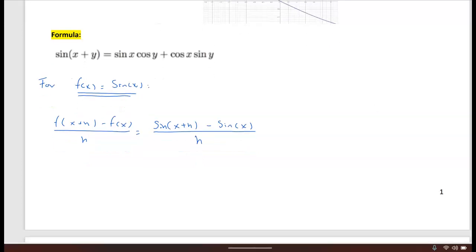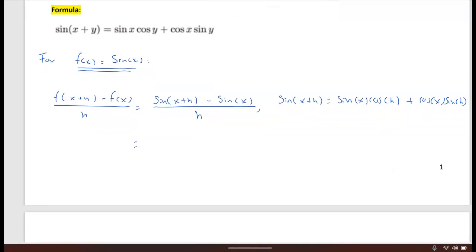Now I'm going to use the identity that sine of x plus h is equal to sine of x cosine of h plus cosine of x sine of h. So we're evaluating the sine of x plus h portion with the actual identity.